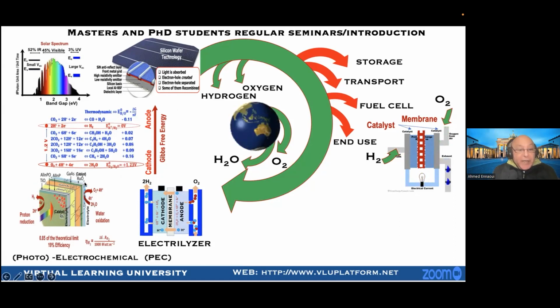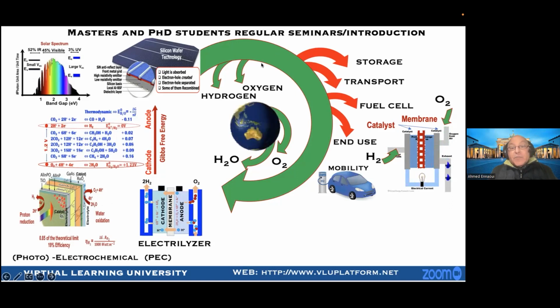I put also here a photoelectrochemical solar cell, which is a semiconductor, and when you illuminate it, you can also produce hydrogen and oxygen, and we will have the opportunity to give more details. What is important today is that all these items here are necessary to produce hydrogen and oxygen by electrolysis.